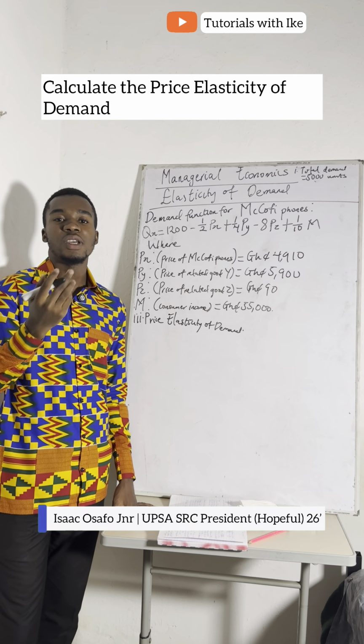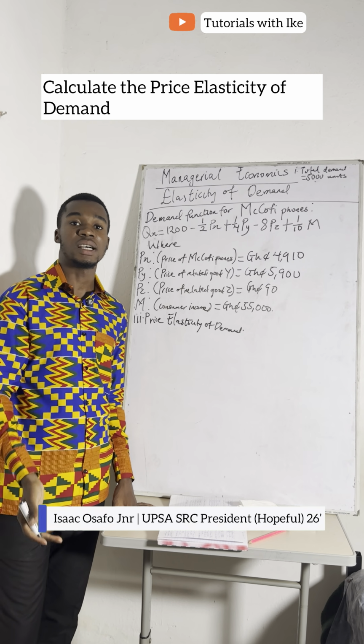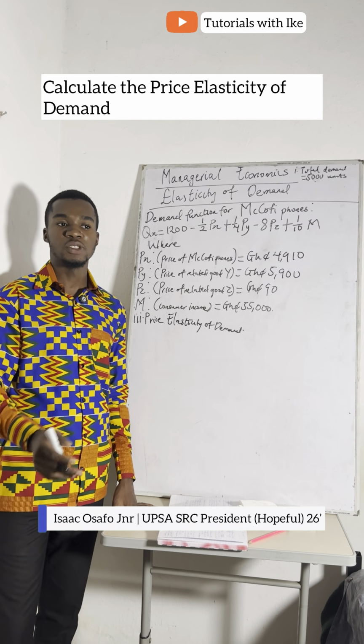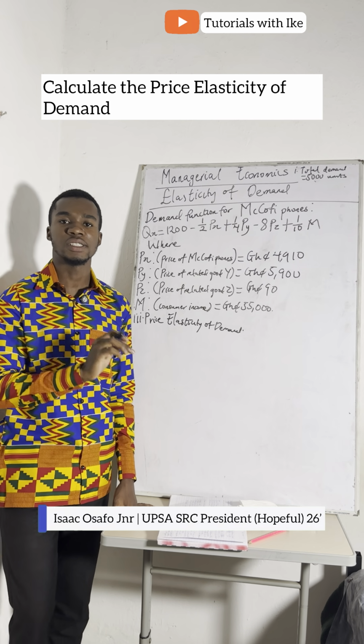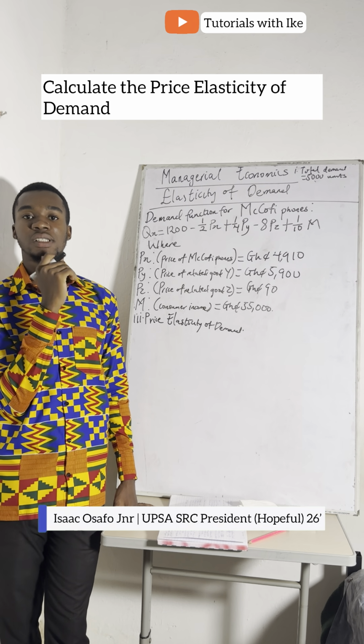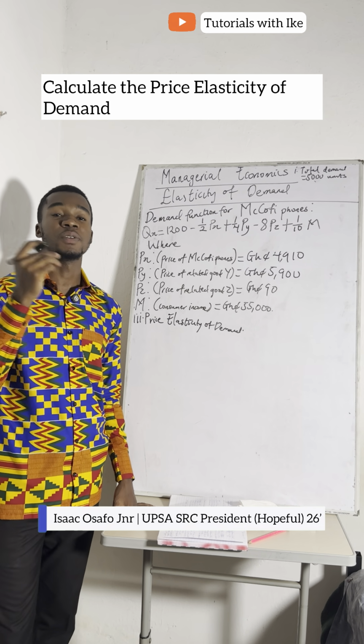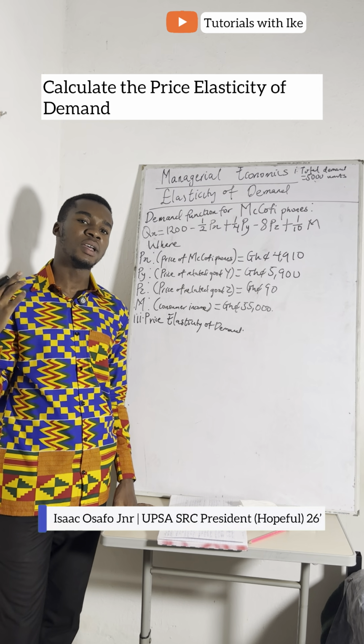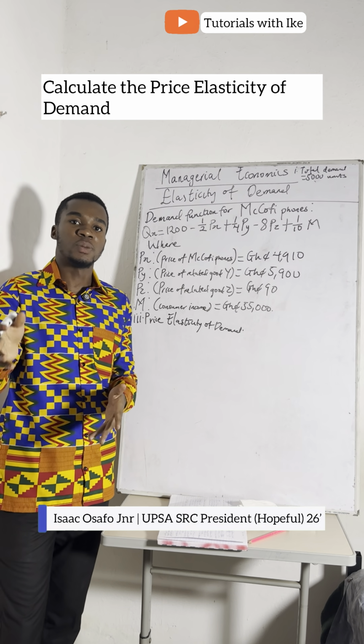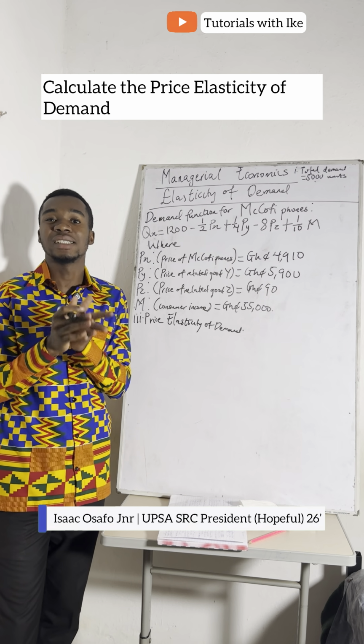Do you get it? So if, let's say, a government imposes a tax on your products right now, let's assume that originally or before the tax, you were selling it at 50 cedis, right? And now government says that for every product, you have to pay a tax of 5 cedis. Now, before you even impose the tax on the consumers or those that are going to buy, you have to check the elasticity of demand.